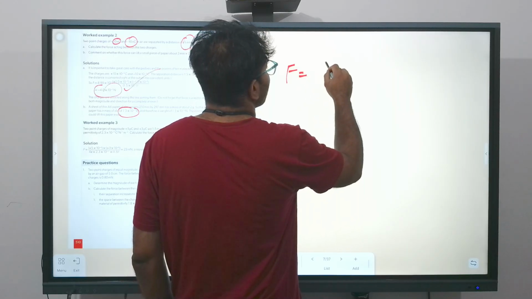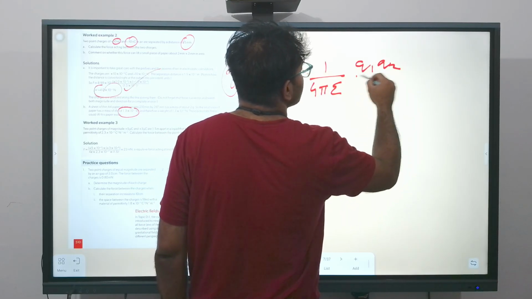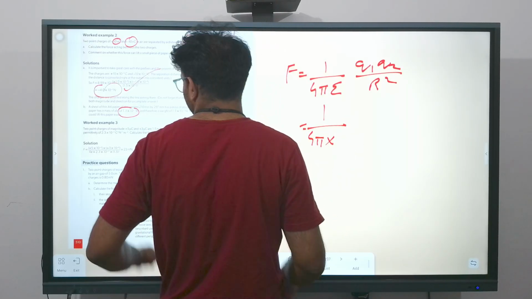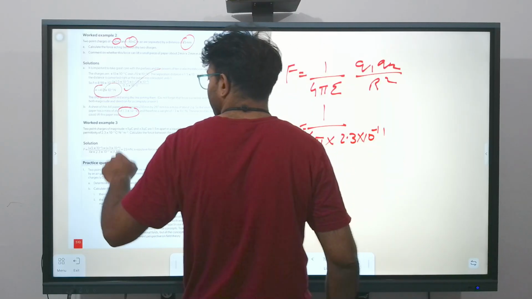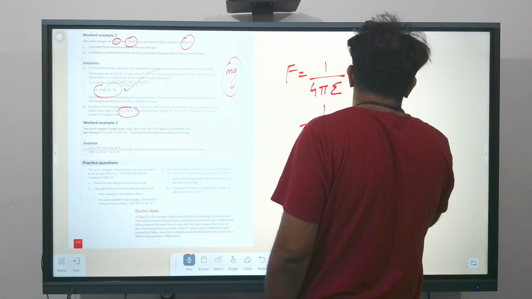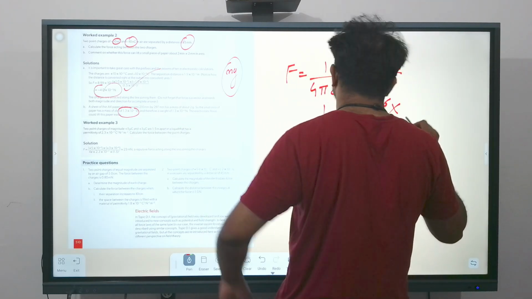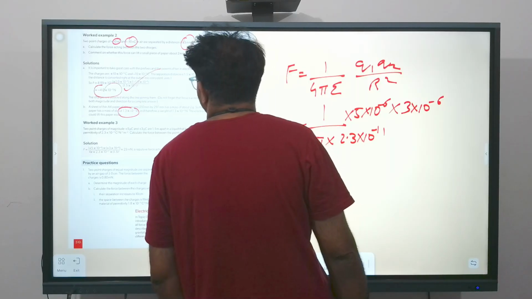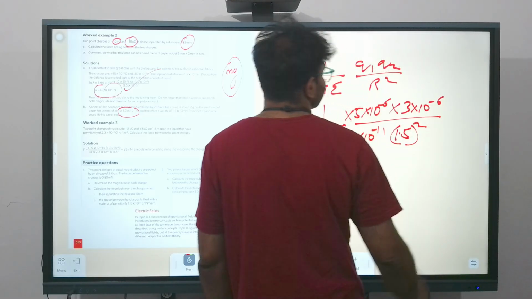Force is equal to 1 upon 4 pi epsilon, q1 q2 upon r square. So the force becomes 1 upon 4 pi into 2.3 into 10 to the power minus 11, multiplied by 5 into 10 to the power minus 6 multiplied by 3 into 10 to the power minus 6, upon r square, that is upon 1.5 the whole square.